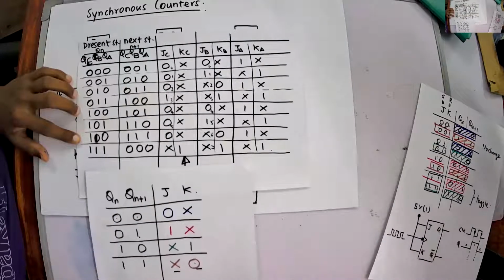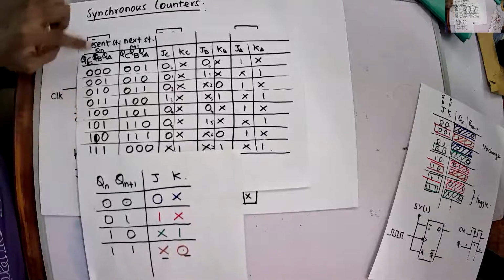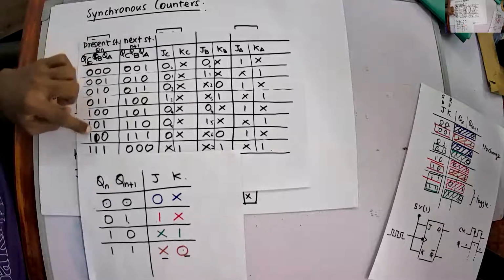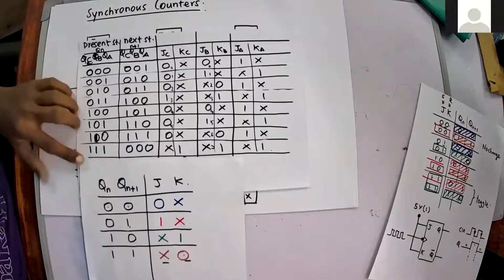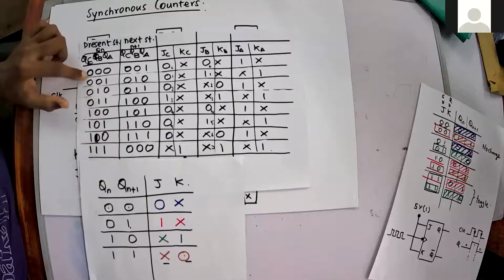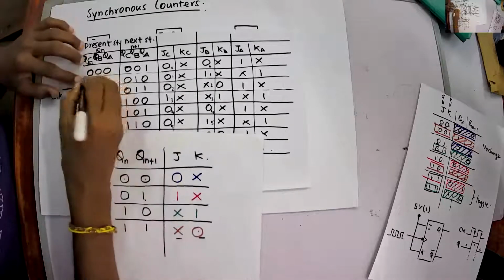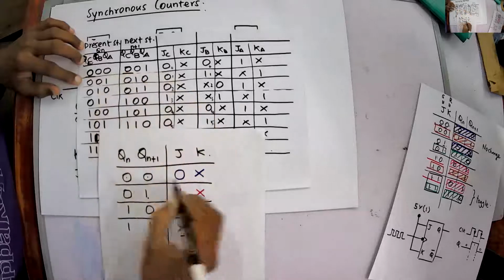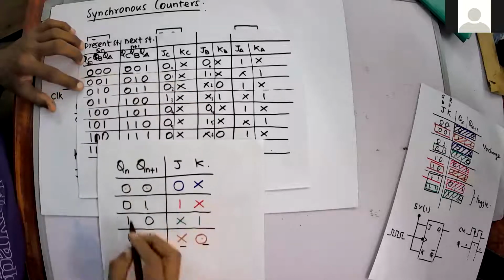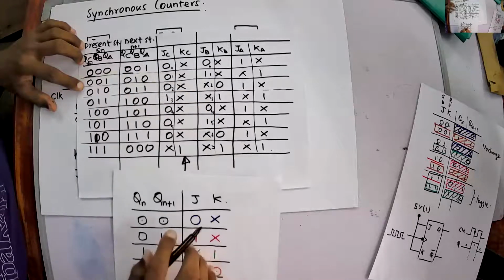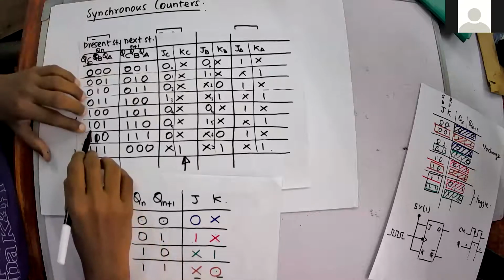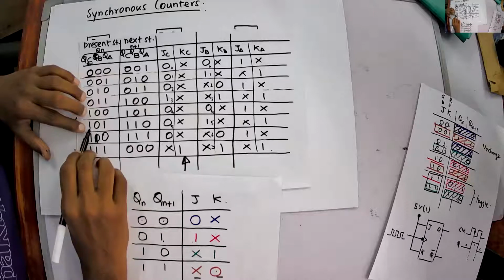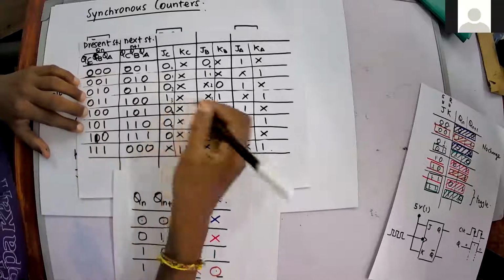Which one is wrong? 1, 2, 3, 4, 5, 6, 7, 8. Which one is it? This one. Right, so we have 0. Sir, one. Yeah, 1 is 0x. Sorry, x0. Yeah, right. Okay. Thank you.